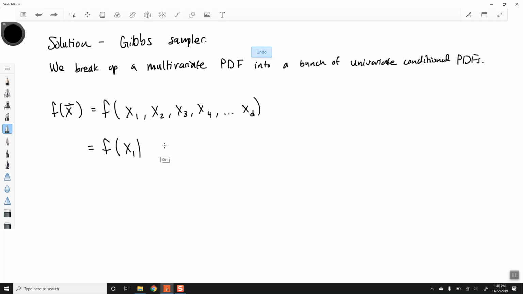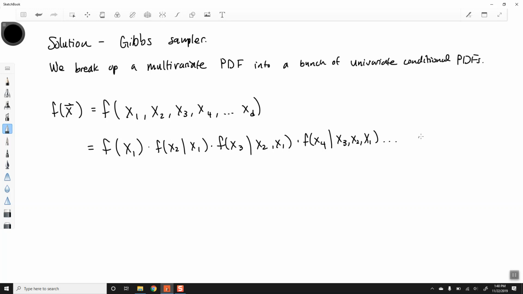It'll be f of x1 times f of x2 given x1 times f of x3 given x2 and x1 times f of x4 given x3, x2, x1, etc. So that would be the total joint probability.